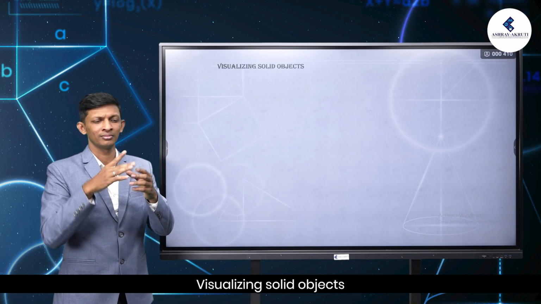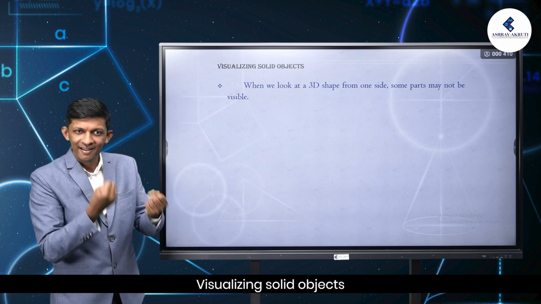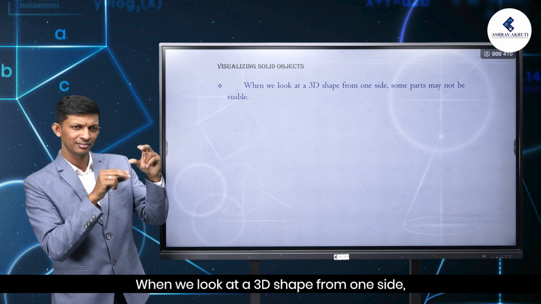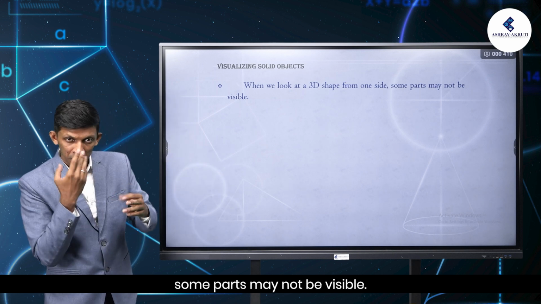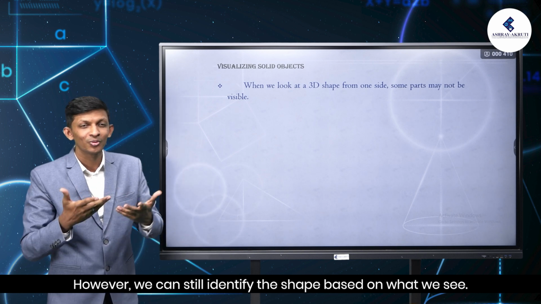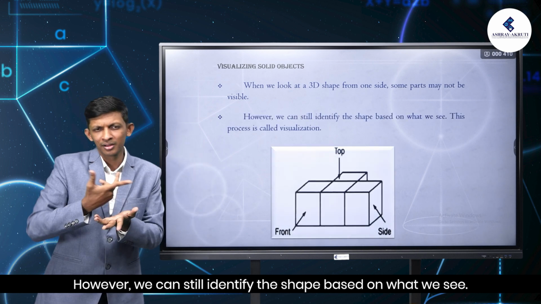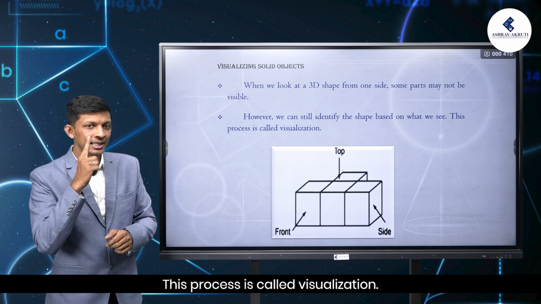Visualizing solid objects. When we look at a 3D shape from one side, some parts may not be visible. However, we can still identify the shape based on what we see. This process is called visualization.